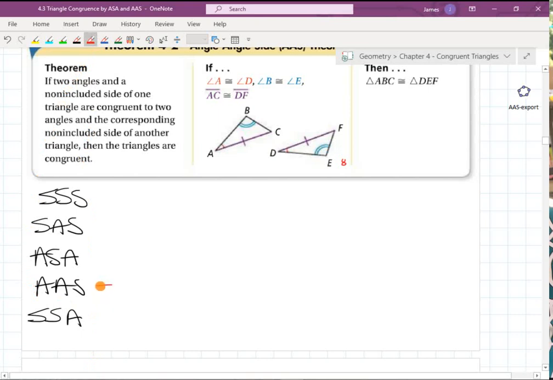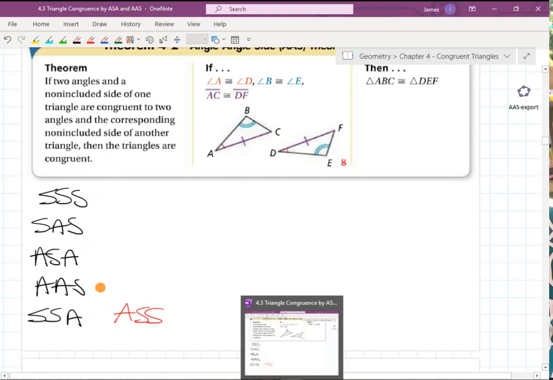Think about this. If this was a palindrome, if I was able to write that one side, angle, how can I write that one? That's a problem, right? Now, it's not a problem because it's a bad word.